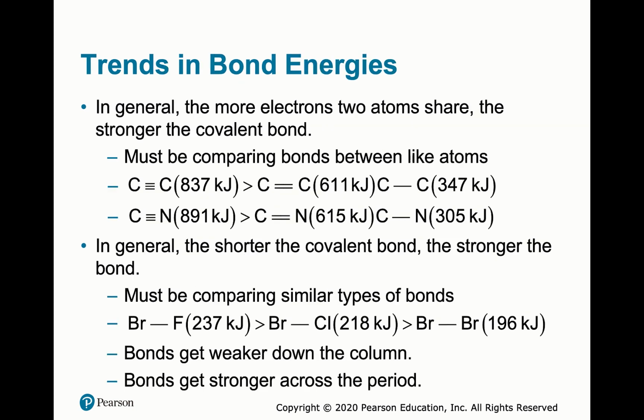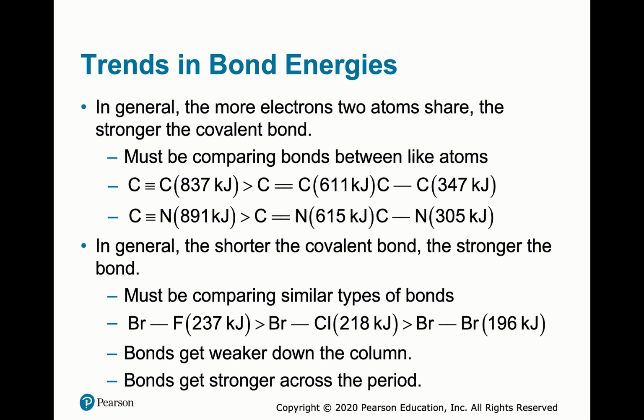So some trends. The more electrons the atoms share, the stronger the bond, therefore the more energy it takes to break them. If you look at carbon and nitrogen, the more electrons they share, the harder it is to break the bond.